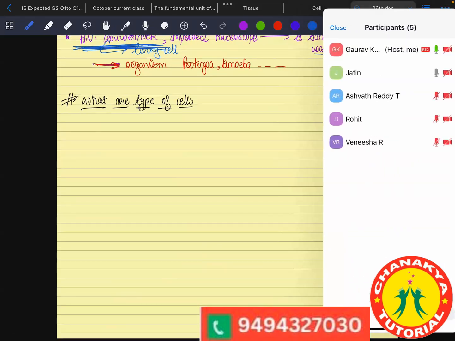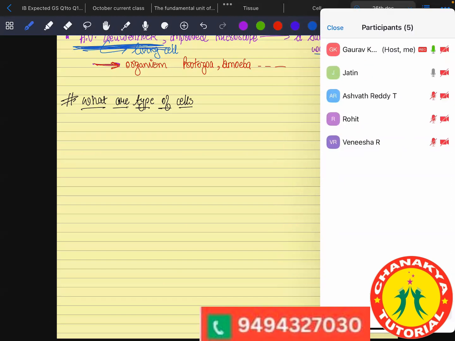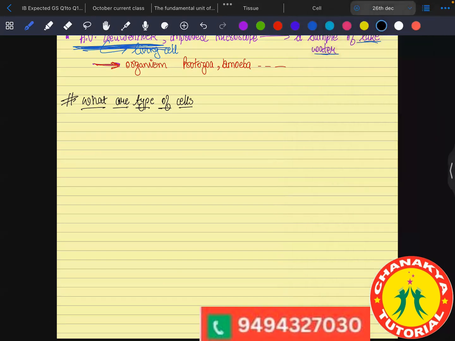So now we will go to what are the types of cells. In terms of number, there are two types: unicellular and multicellular.